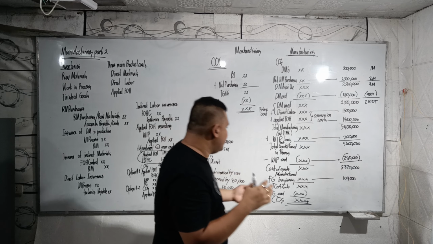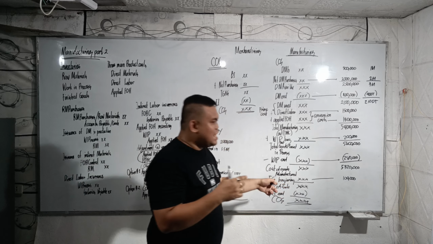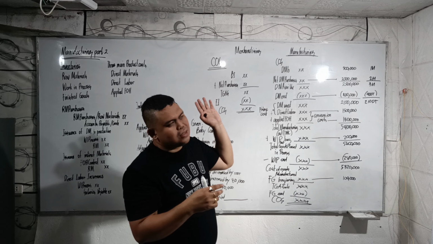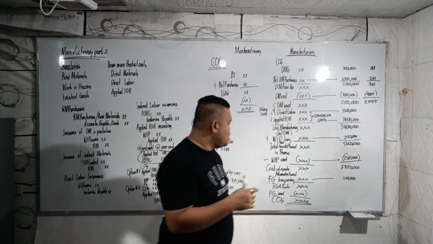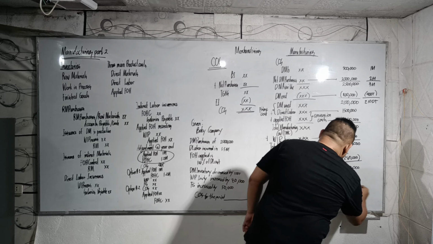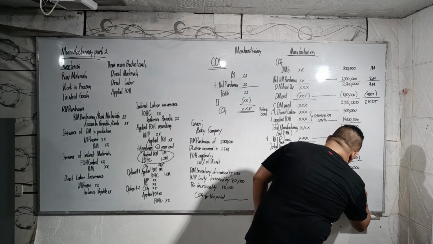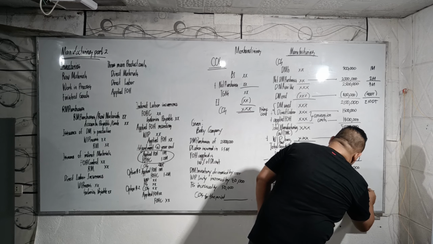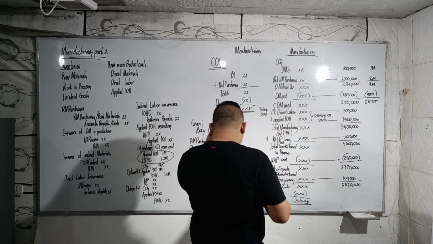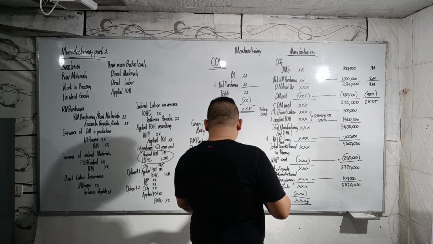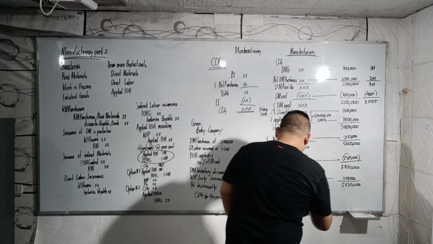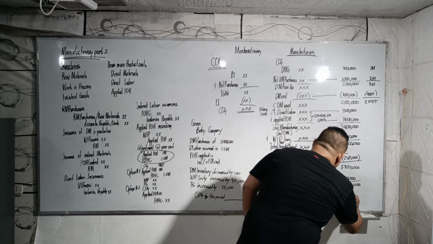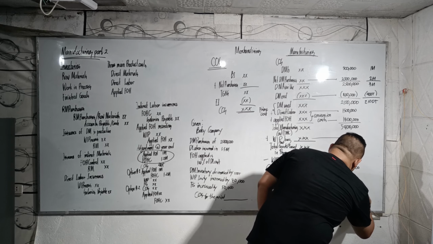It has high demand. So we have finished goods beginning. That means the finished goods last period that were unsold. It's only 100,000. And we have 5 for 20 as the total goods available for sale. And if the finished goods is increased by 50, that means this is 150.